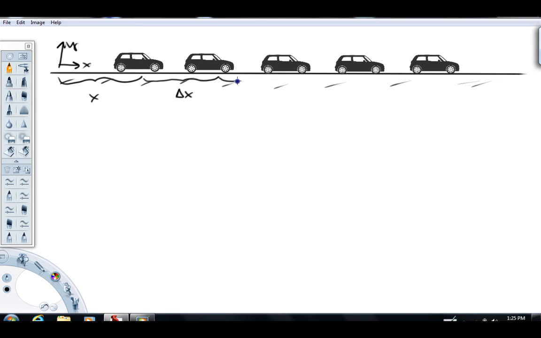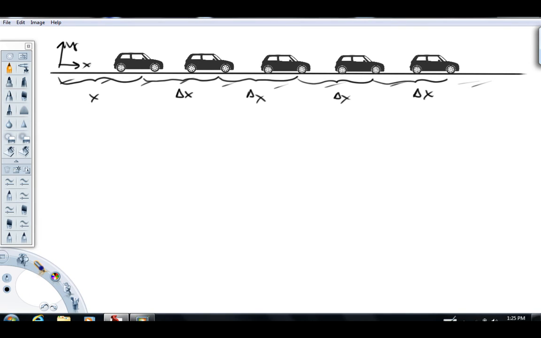And if I measure another delta x, there's another one, and another one, and another one. As we look at these pictures, you'll notice that these delta x's are basically the same. I'm just freehanding this, but the delta x here is about that distance, and then about that distance, and this distance, and so forth. So in this example, the change in position of the car is not significantly changing.